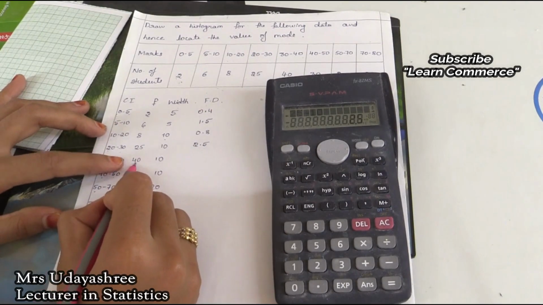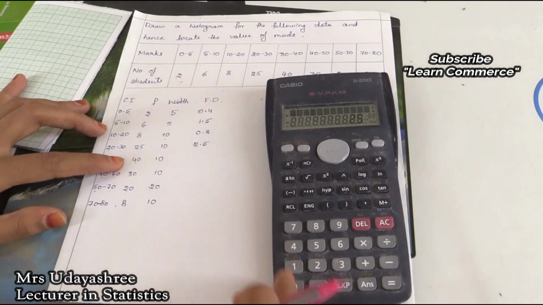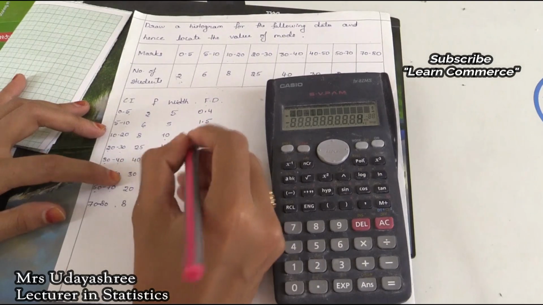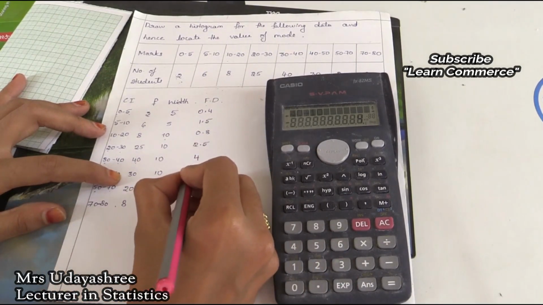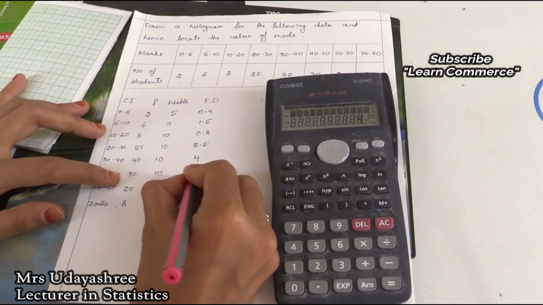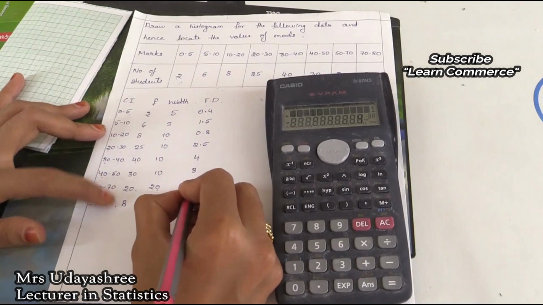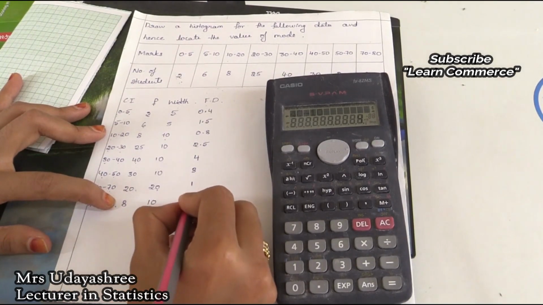Next, 40 divided by 10, so the frequency density is 4. Next, 30 divided by 10, so the frequency density is 3. Then 20 divided by 20, so the frequency density is 1. Then 8 divided by 10, so the frequency density is 0.8.